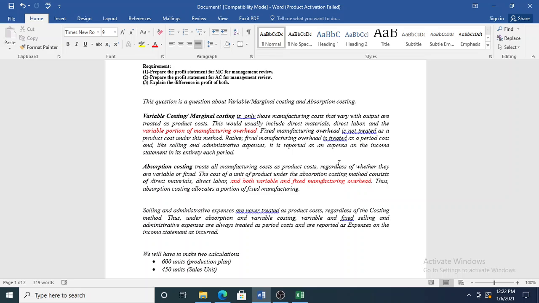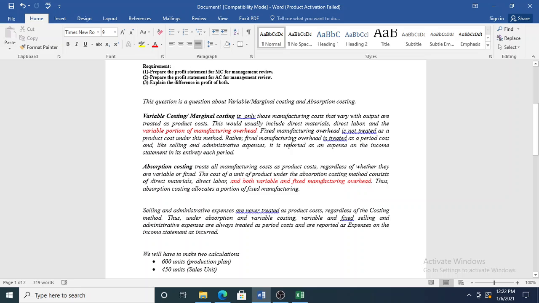The reason why we call them variable is because they vary based on the number of units produced. So it uses these as product costs. These are usually direct material, direct labor, and the variable portion of manufacturing overhead. So these collectively make up the variable expenses or the product costs for variable costing.